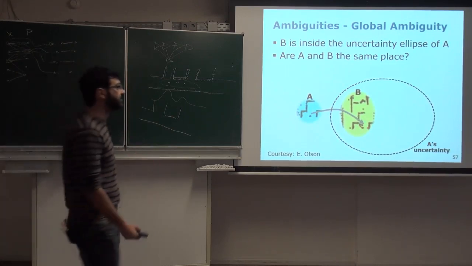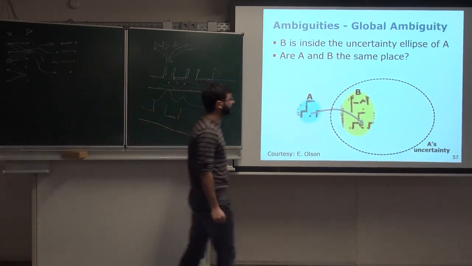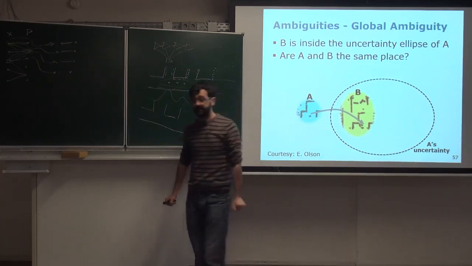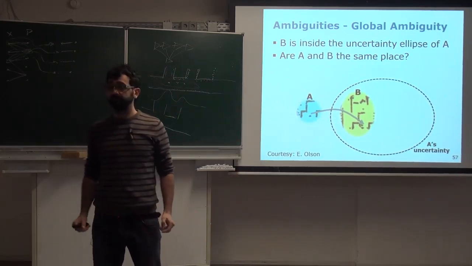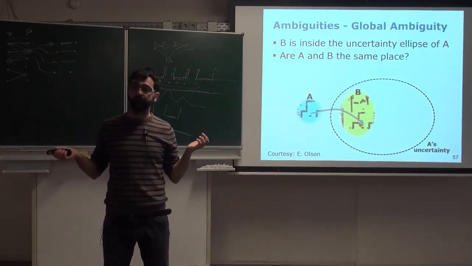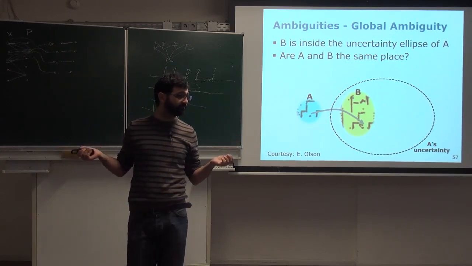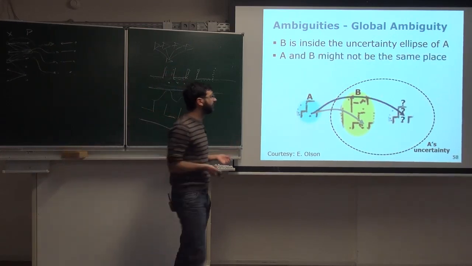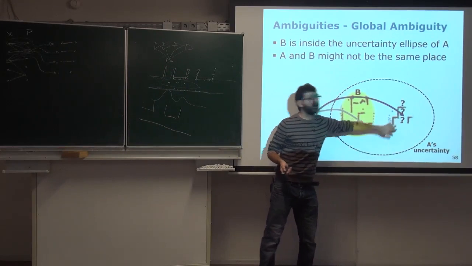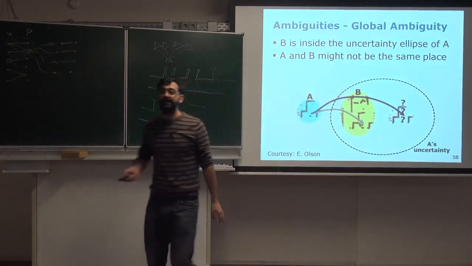So it looks actually quite good, and you will tend to say this is the exact same place. Do you agree? How many of you agree on that? Yeah? But what if there is exactly the same copy of A inside there?